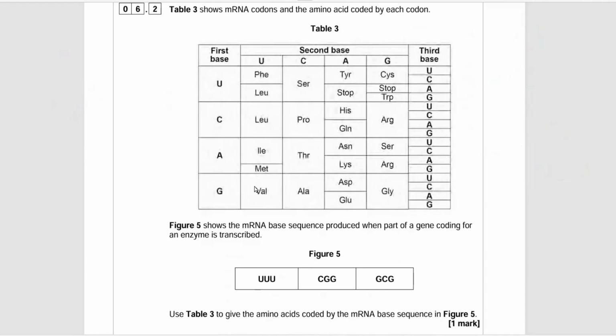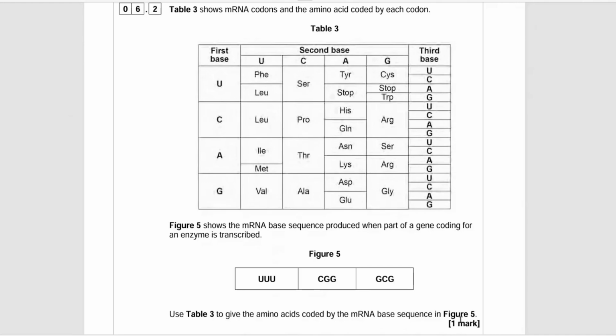Okay, looking at this next question, 6.2, table 3 shows mRNA codons and the amino acid coded by each codon. Figure 5 shows the mRNA base sequence produced when part of a gene coding for an enzyme is transcribed. So what we're going to do is go through it. It says use table 3 to give the amino acids coded by the mRNA base sequence in figure 5.